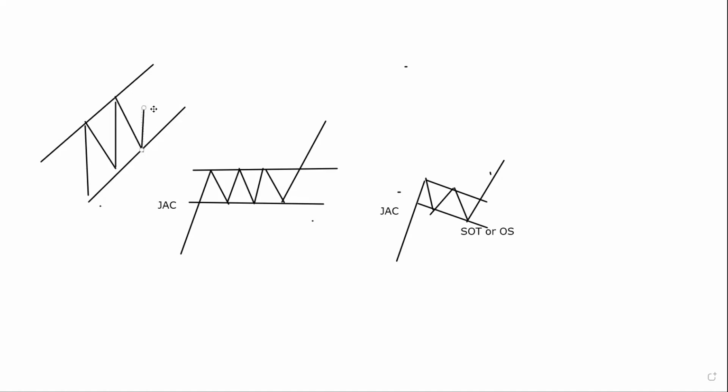And then within the range, you will see this kind of range here, range here, range here. Got it? Okay. And this condition occurs when the price has not reached what? Overbought or SOT level. Okay. Do you understand? Okay.